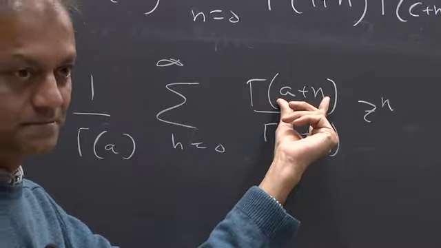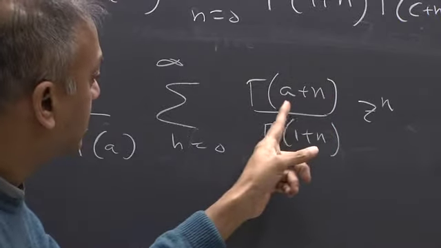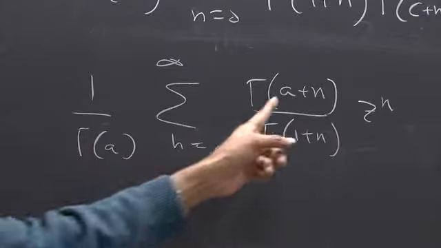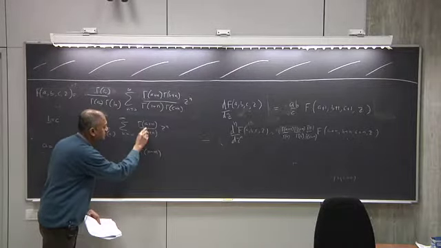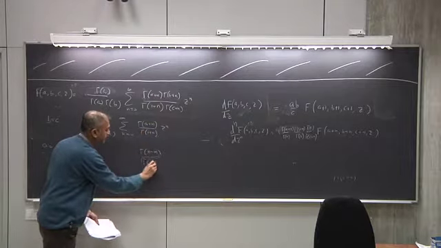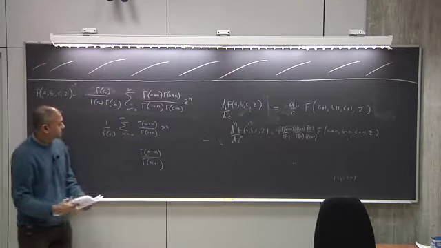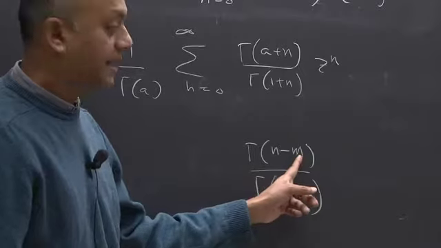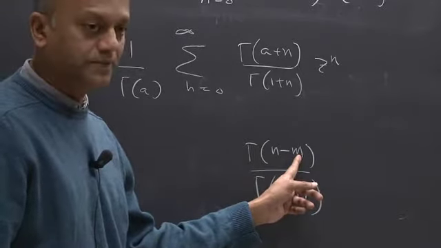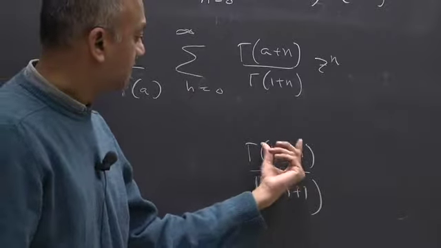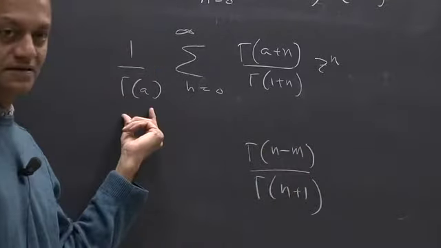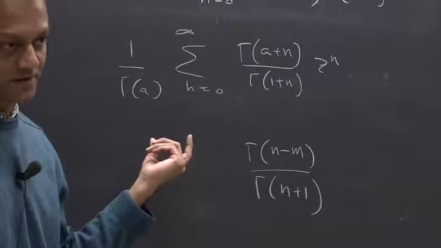So when can that become infinite? With a equal to minus m, this is gamma of n minus m, and at the top here is gamma n plus 1. So whenever n is less than or equal to m, this is also a negative integer, so this is infinite and that is infinite, and you get a finite quantity.